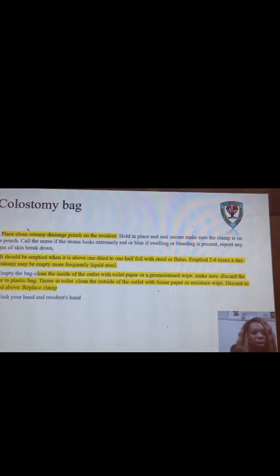You want to call the nurse if the stoma looks extremely red or blue. If any swelling or bleeding is present, you want to report these signs of skin breakdown to the nurse.